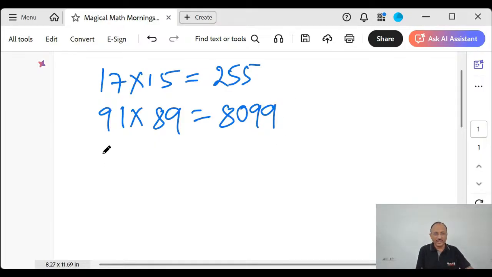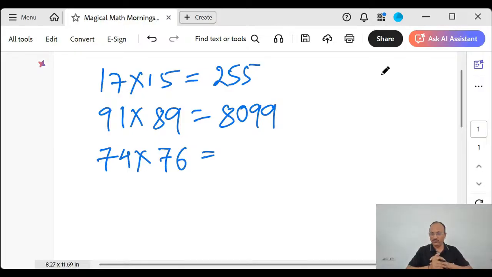8099. Let's take 74 into 76. Try this. 74 into 76. 75 square.